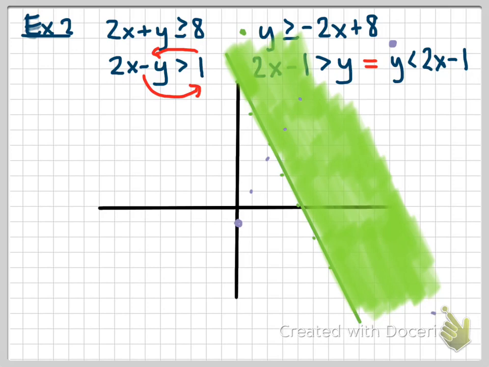And it is not a solid line, it's a dashed line. So dash, dash, dash, dash, oops, oh well, my tool is not working. Okay, and we're going to shade below the line because it's less than.